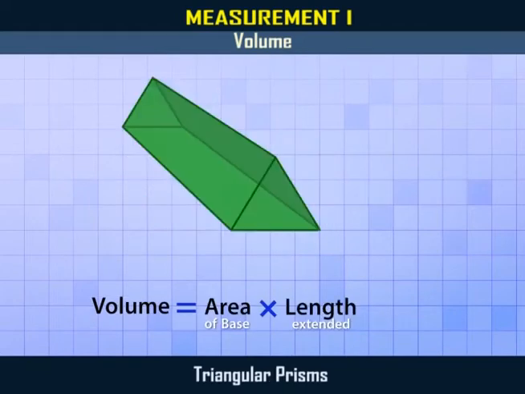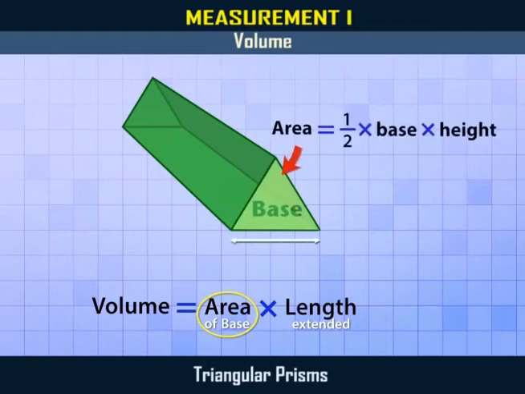How about the triangular prism? Again, the first thing is to calculate the base area of the prism, which is a triangle. The formula is a half base times height. The base of the triangle is 10 inches and the height is 8 inches.